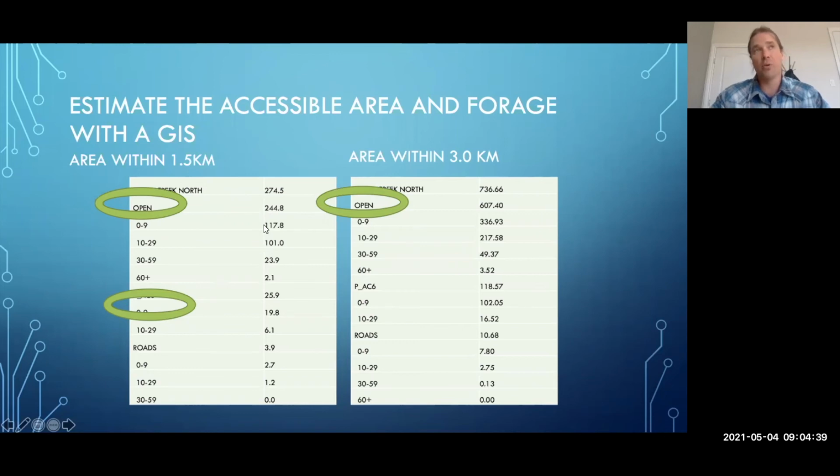If you're able to enter the areas of each slope classification, the spreadsheet will automatically calculate or deduct that area from the forage calculation. Or it'll assign, for example for the 10 to 29% slope, not a 100% reduction, but a reduction based on either what the manager puts in or guidance from your range practices.